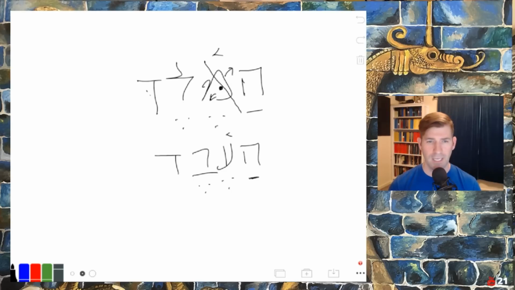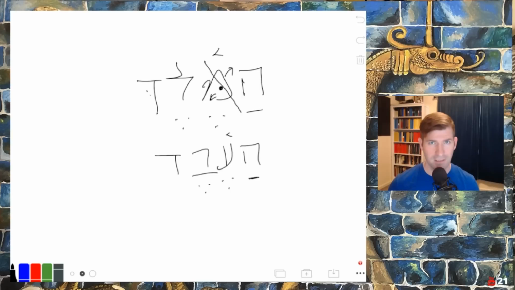There are certain letters that don't like doubling dots. You can't double them, and the reason is because of the type of letter it is: these guttural letters. You can't double the sound. How would you do that? Anyway, so ayin won't take a doubling dot.